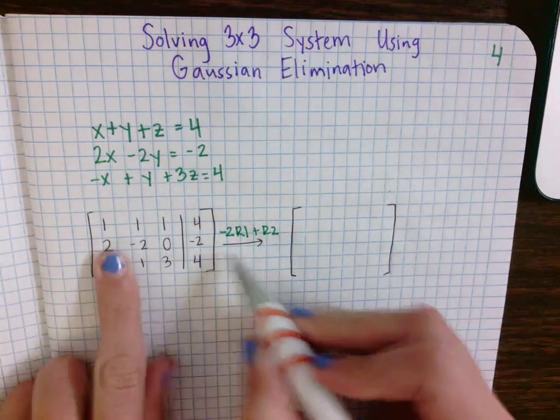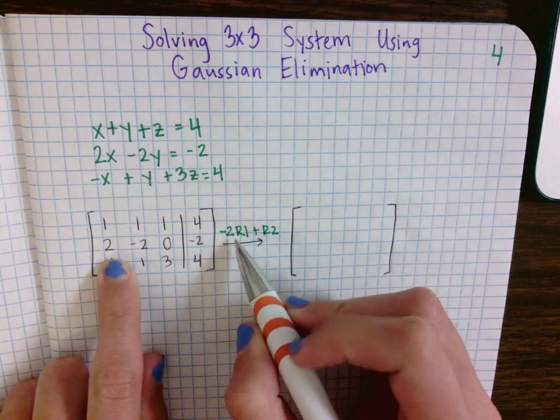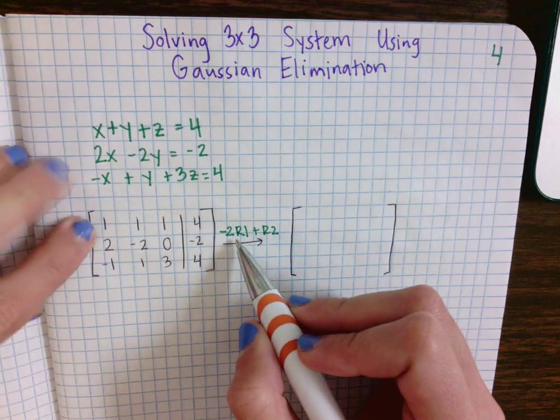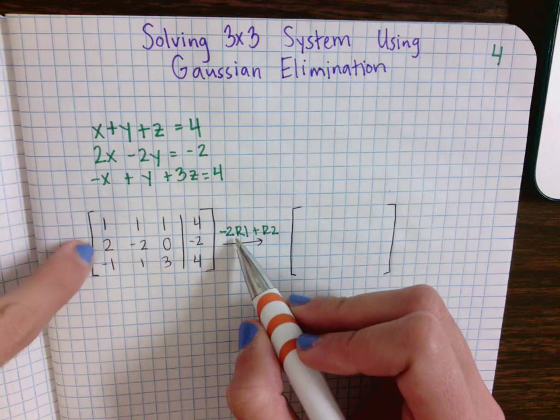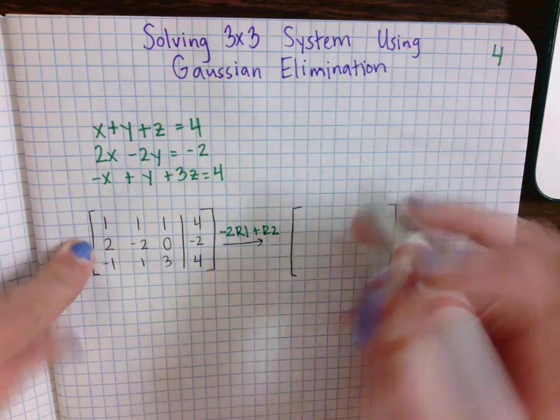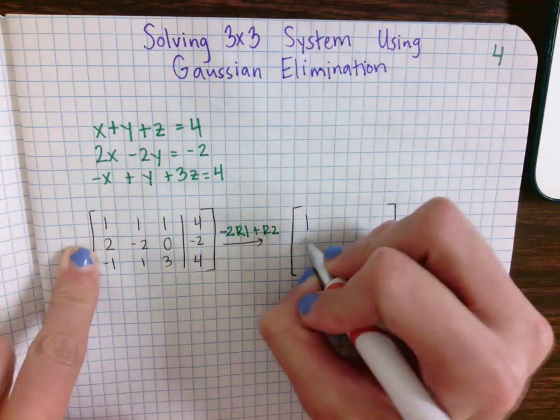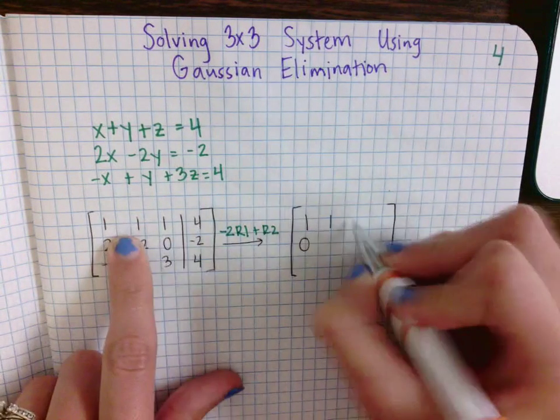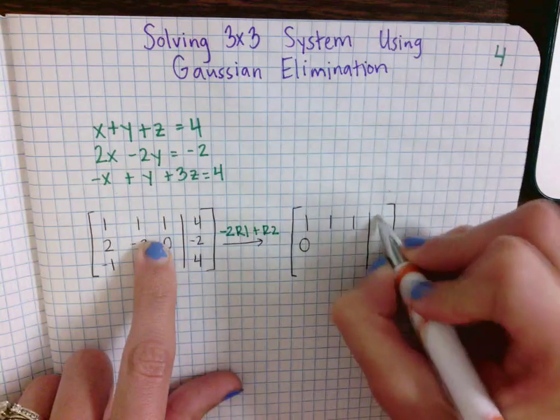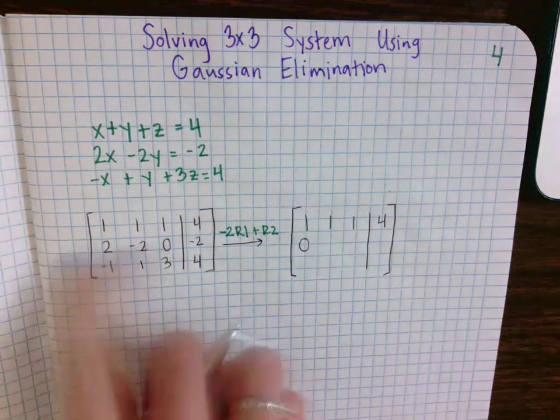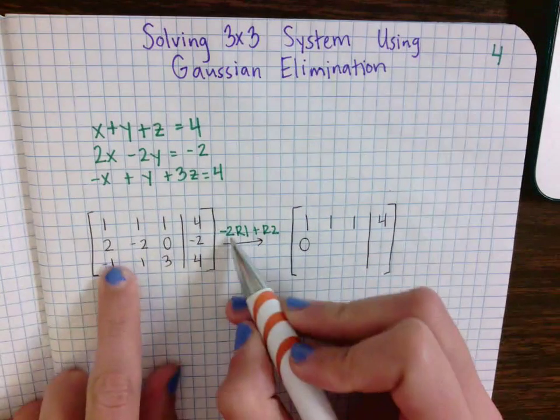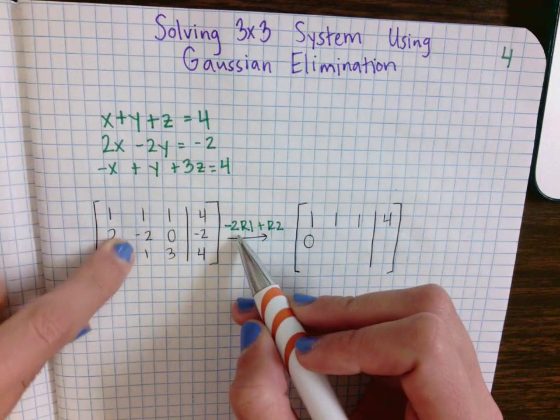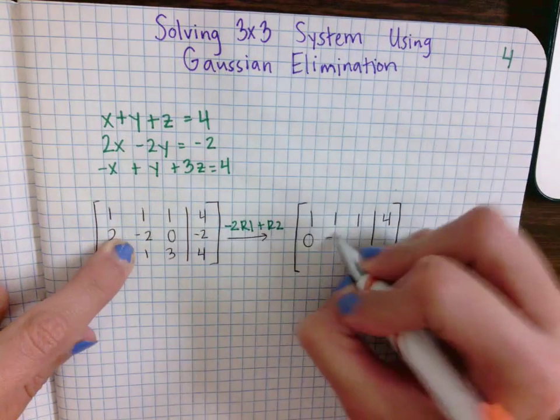So negative 2 times row 1: 1 times negative 2 is negative 2, add it to that 2, which is 0. You're not doing anything to row 1, you're just going to fill it in just like it is up here. Then you multiply row 1 by negative 2. Negative 2 times negative 2 is 4, plus negative 2... wait, negative 2 plus negative 2 is negative 4.